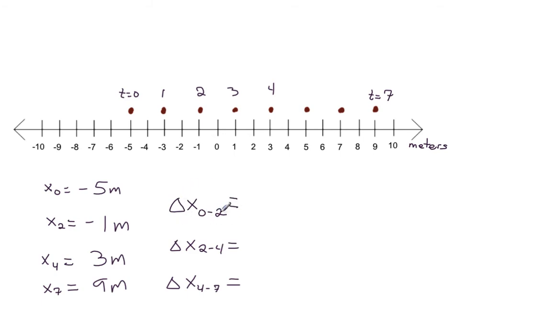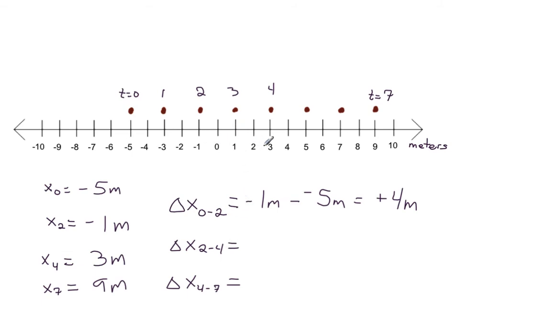From 0 to 2, final position minus initial position. So it's negative 1 meter minus negative 5 meters. And again, that's positive 4 meters. Negative 1 plus, because we have minus a negative, 5 gives me positive 4 meters.